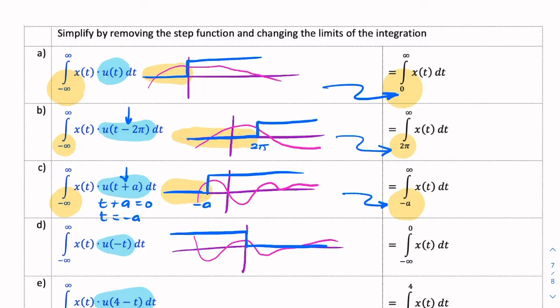So when you multiply those two functions, you'll see that everything for t greater than 0 is 0. So this time, rather than replacing the lower limit, we're replacing the upper limit. So the upper integration limit becomes 0. So we're integrating from minus infinity to 0.